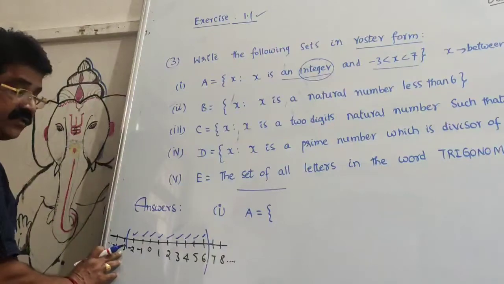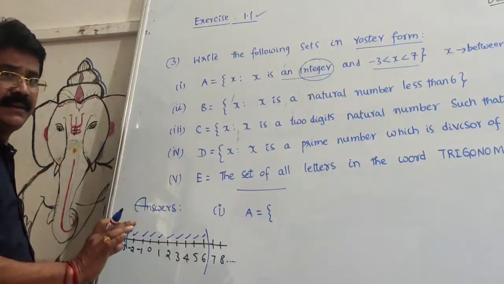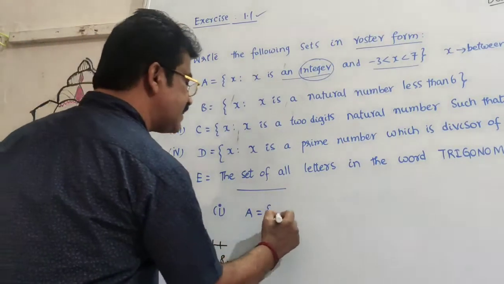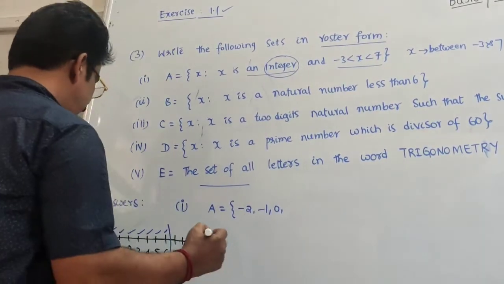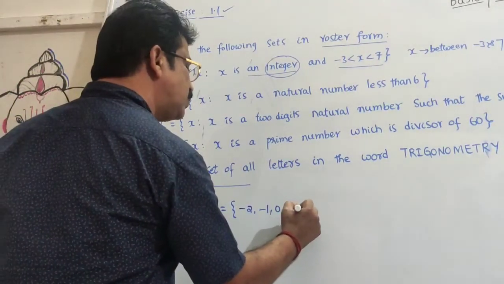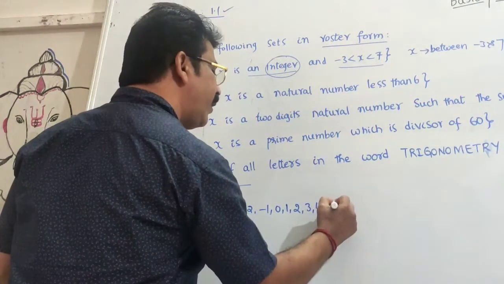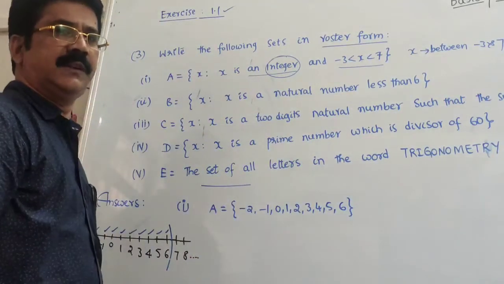We should not take -3 because he said between. Understand? This is the meaning of between. So very clearly the integers are -2, -1, 0, 1, 2, 3, 4, 5 and 6 only, but not 7.